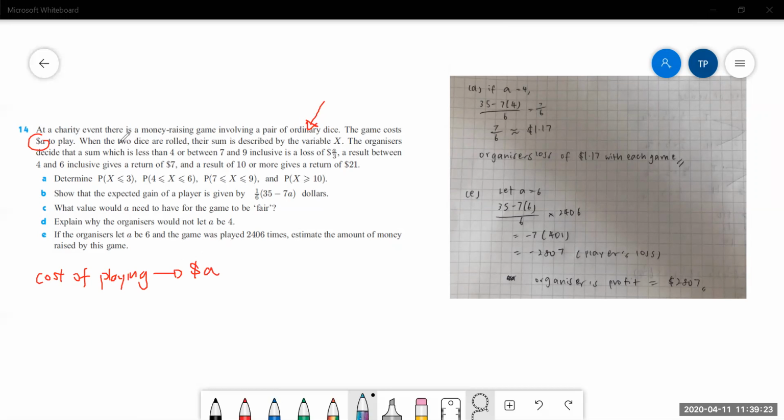When two dice are rolled, their sum, so X is equal to the sum of the scores of the two dice.